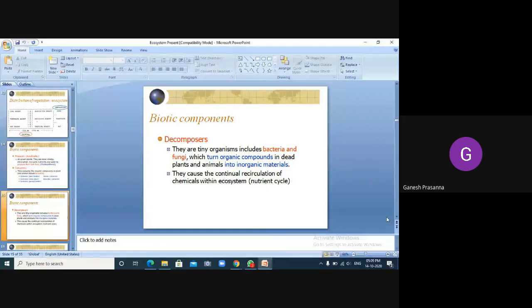The earth would be full of dead bodies, and you would have to walk on them. You have to thank the decomposers, because they decompose the dead and decaying organisms, be it plant or animal matter, and they clean up the environment. The energy that is liberated from them goes into the atmosphere, or the nutrients enrich the earth itself.